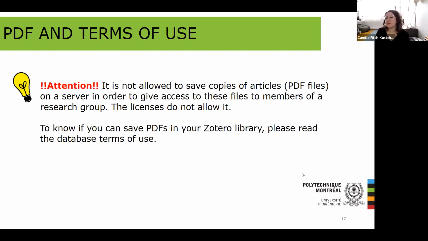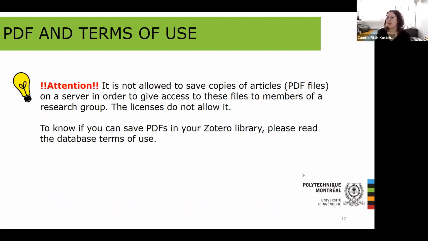The other thing is to make sure that you're using the open access version of an article if you're going to be keeping it in a server. But these are all general rules. Nobody's really going to check what's inside of your Zotero account.